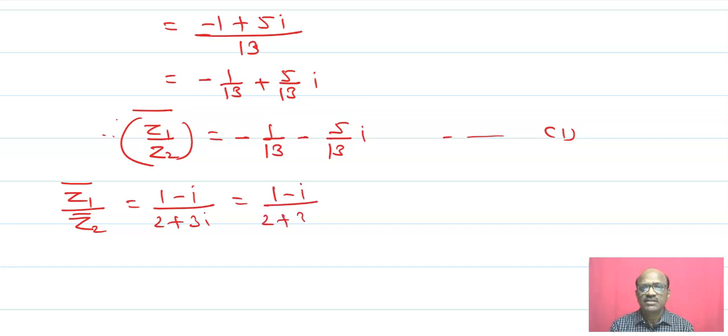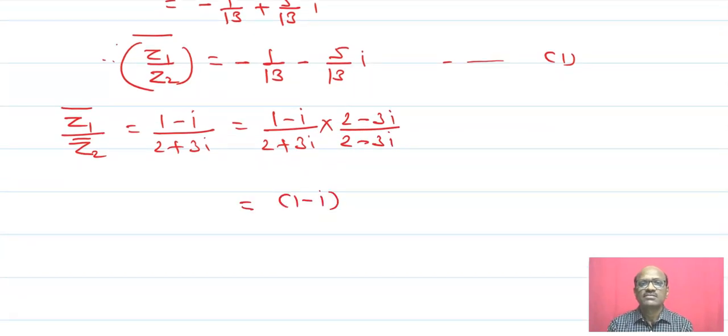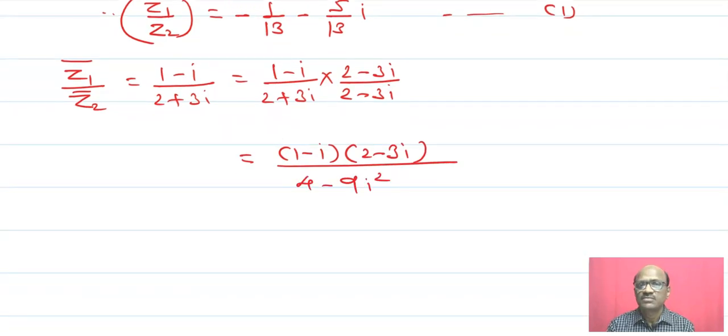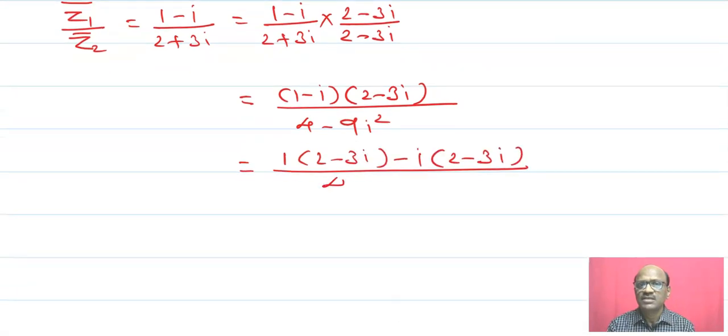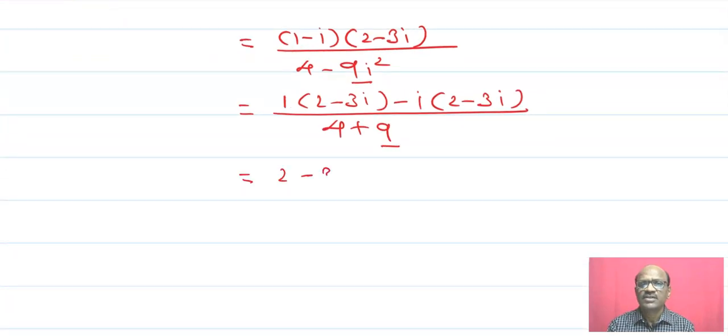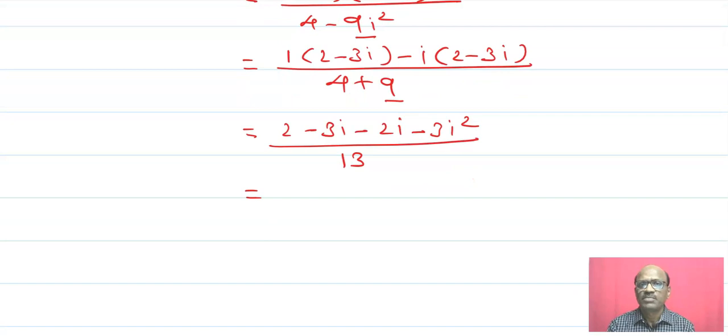And z1 upon z2 bar is equal to, now find out this also. Substituting the values, take their conjugate: 1 minus i into 2 minus 3i over 4 minus 9i square. That's why you are getting 1 in bracket 2 minus 3i minus i in bracket 2 minus 3i over 4 plus 9.